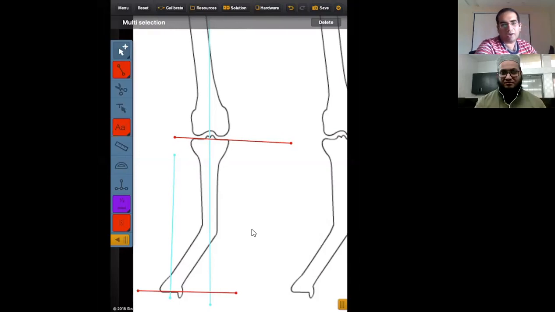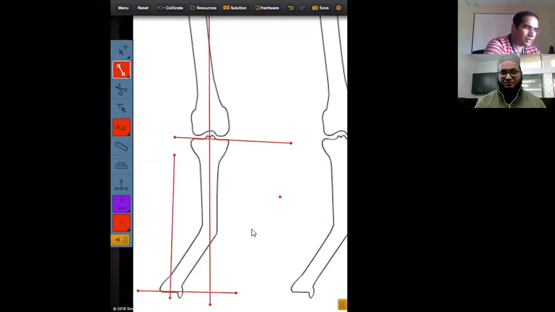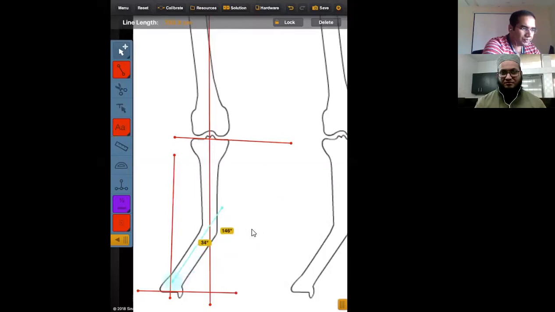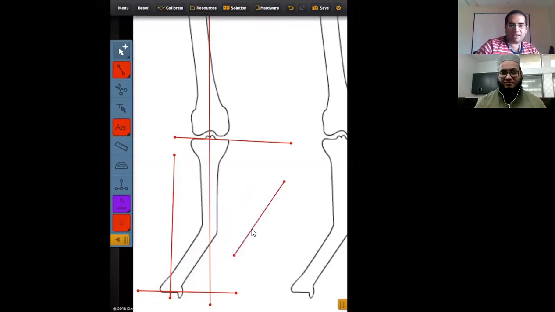So how do you pinpoint the location of the deformity? You draw a third reference line. Now this reference line will be more or less a representation of the diaphysis. You will start this line from where you can appreciate the obvious deformity. In this case, I can see that this is the location where my obvious deformity is.